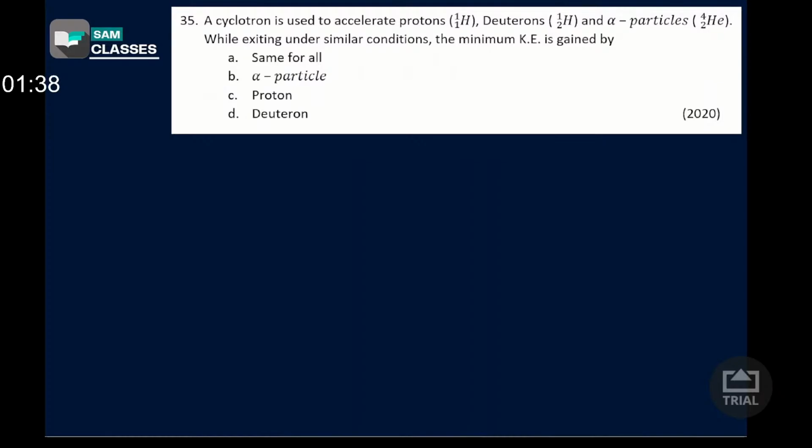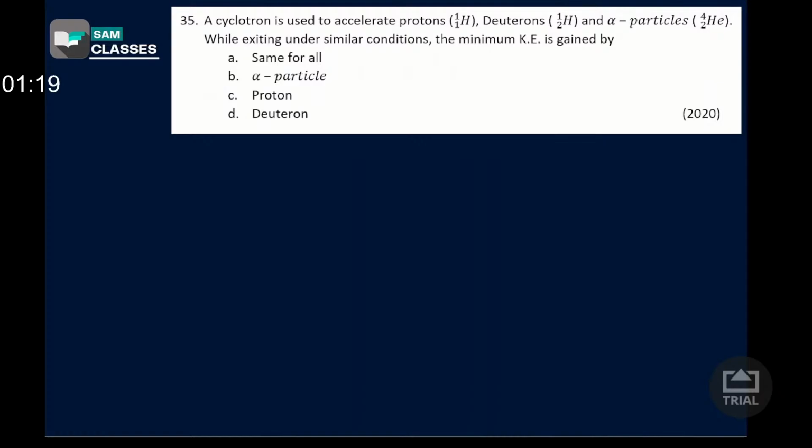Now what they've given: a cyclotron is used to accelerate protons, deuterons and alpha particles while exciting under similar conditions. The minimum kinetic energy. So here we just need to know what the kinetic energy relation is and what it depends on.